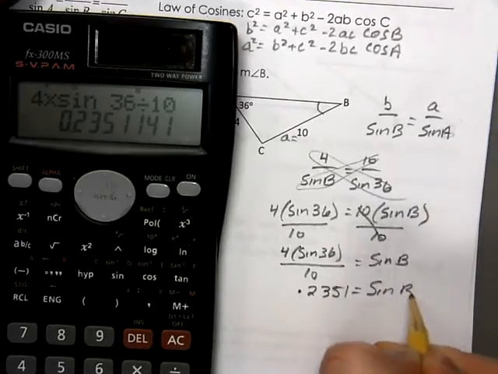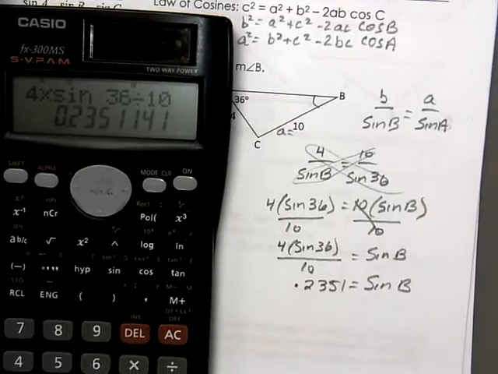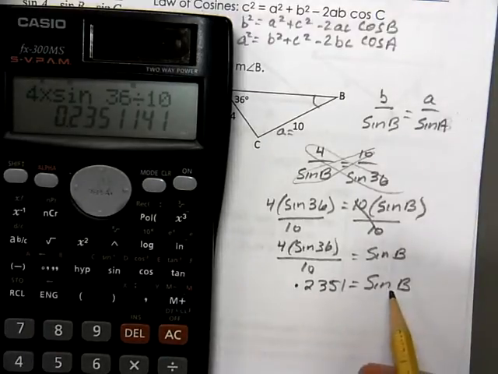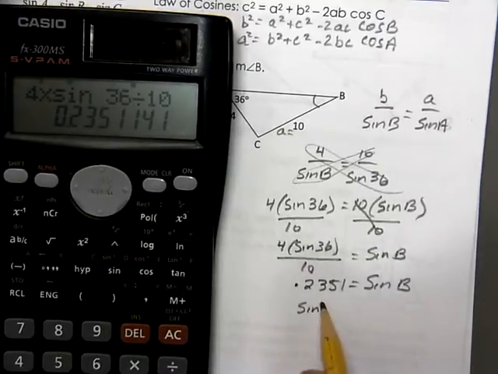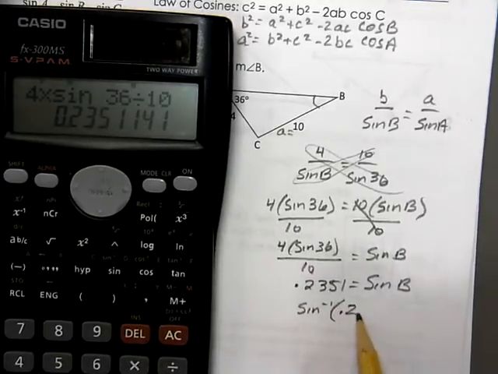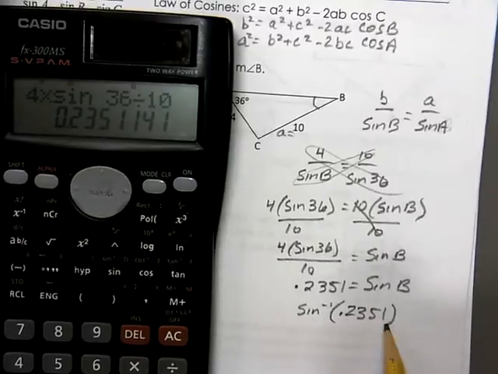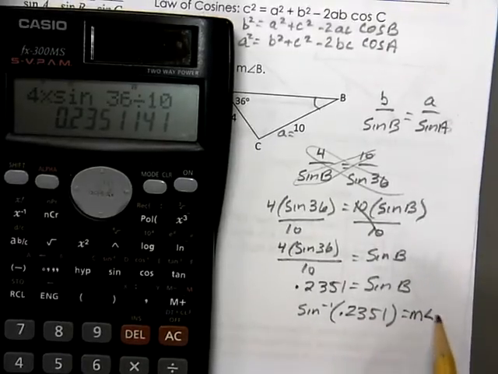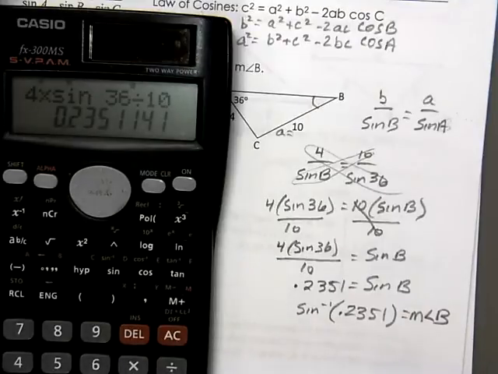That is the sine of b. Well, if that's the sine of b, I need to figure out what angle b is. So I need to move the sine away from the b. So that's going to be sine inverse of 0.2351. And that should now be the measurement of angle b.